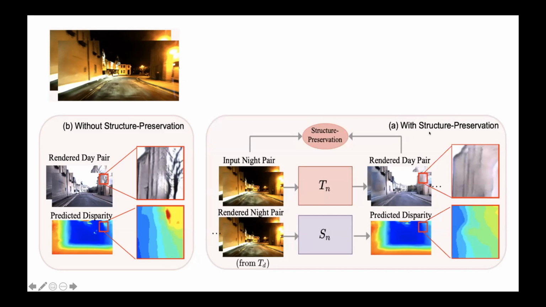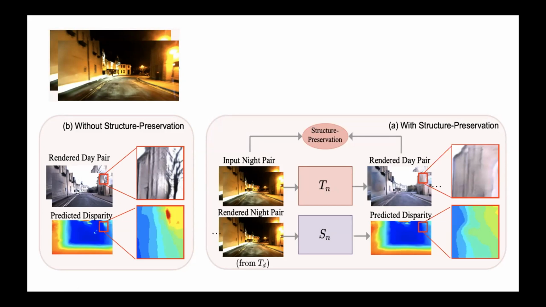So we impose structure preservation. This is our contribution: a structure preservation between the input and the rendered image. What is structure preservation? It is quite simple. We have VGG here, and we know that VGG is robust at night for object classification.